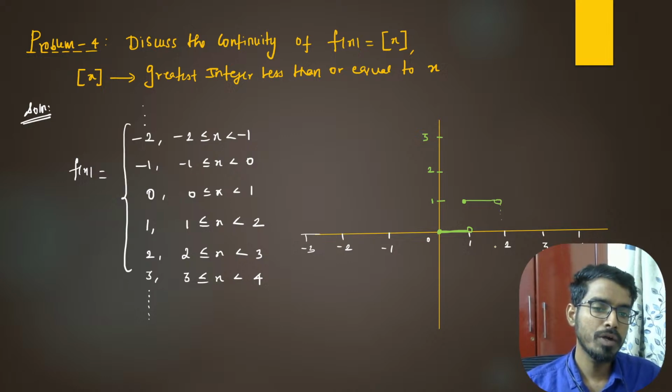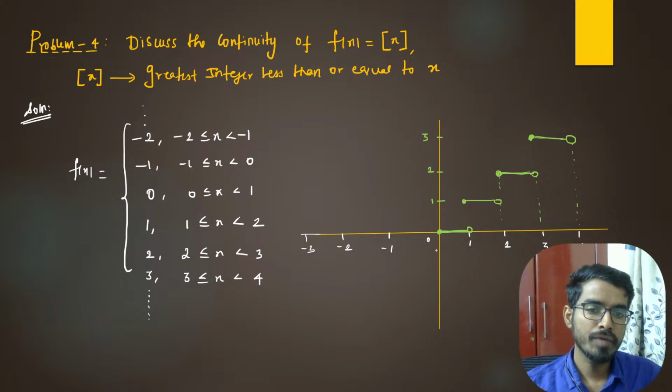At 2, the output is equal to 2, and all are equal to 2 when x belongs to 2 to 3, and then I'm putting a hole here because at 3 it is not 2, it is 3. And then from 3 to 4 all are equal to 3 except 4, so I'm putting a hole at 4.